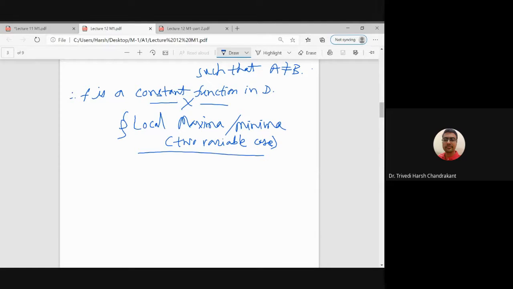So same idea is here. So here the derivative is 0 means gradient is 0, right? And gradient is in terms of fx and fy. So gradient is 0 means both the partial derivatives are 0 at the point. So before stating that condition, we first define what is the meaning of local maximum and local minimum.